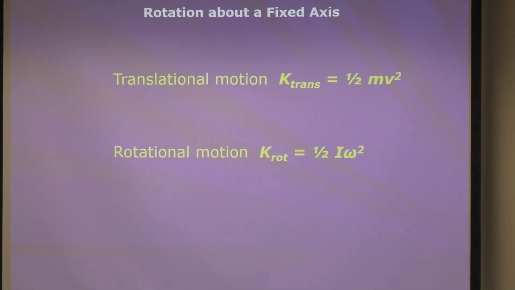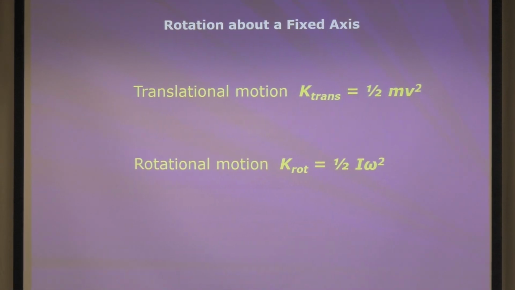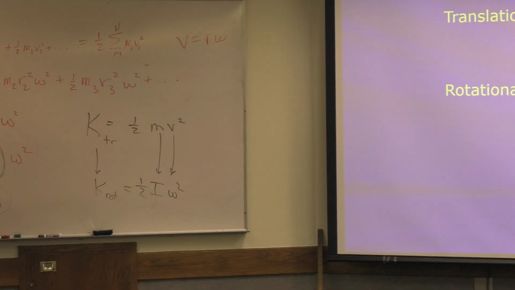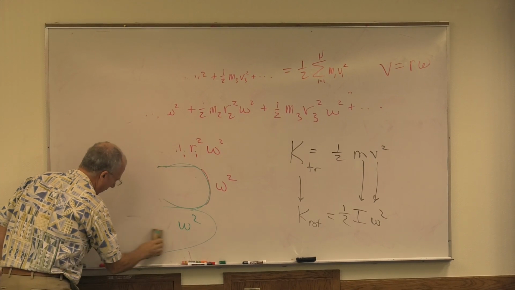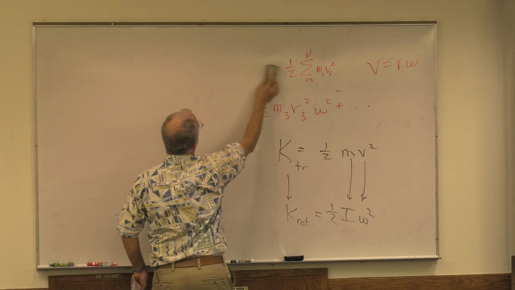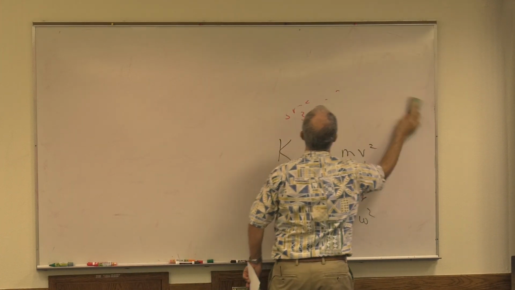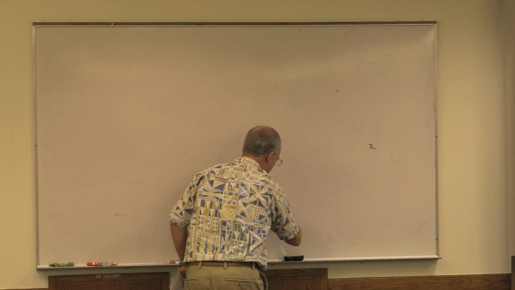Now, we talked about rolling motion at some time in the past. We want to talk about it again, but now we're going to use our energy equations. So let's talk about rolling motion with our energy equations.